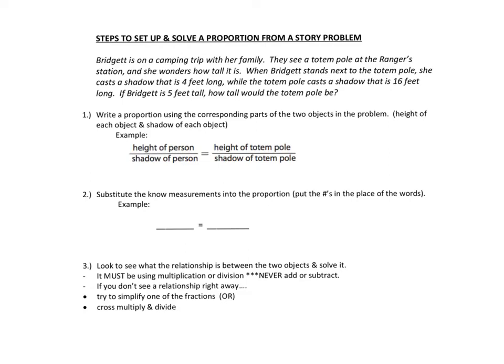So our first step is to write a proportion using the corresponding parts of the two objects in the problem, meaning the height of each object and the shadow of each object. That's something that I would underline in the problem just to pull out some information that we want to know. So when we look at the information given, we see that Bridget casts a shadow that is 4 feet long.